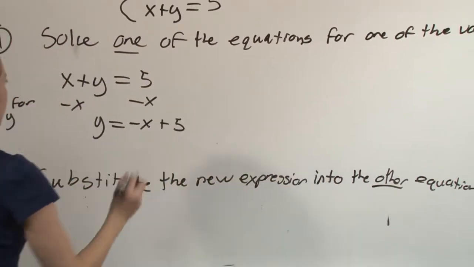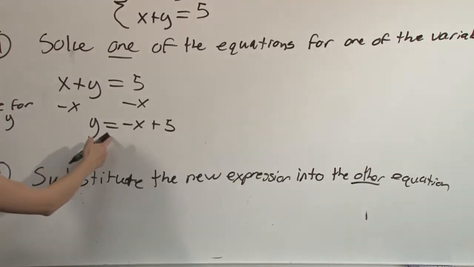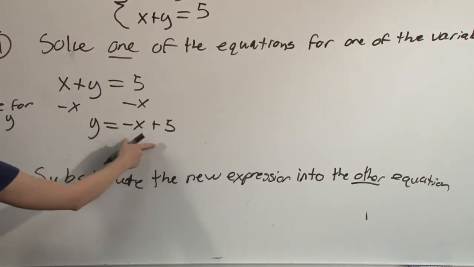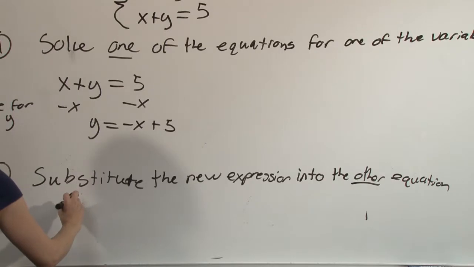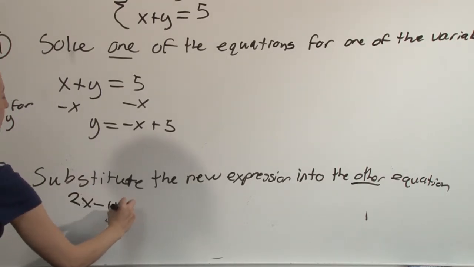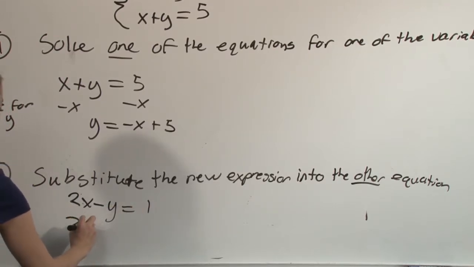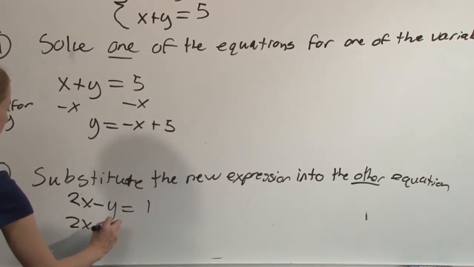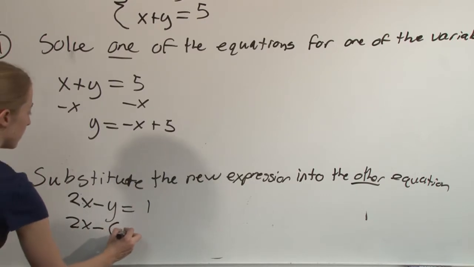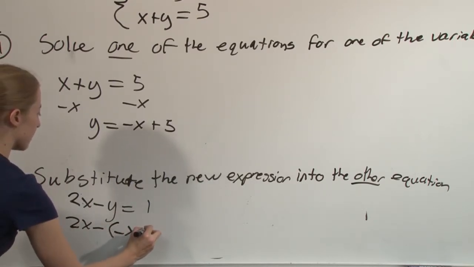So I'm going to take y equals negative x plus 5, and I'm going to substitute that in for y in this equation. So where that y was, I'm going to put some parentheses and put that expression in there.